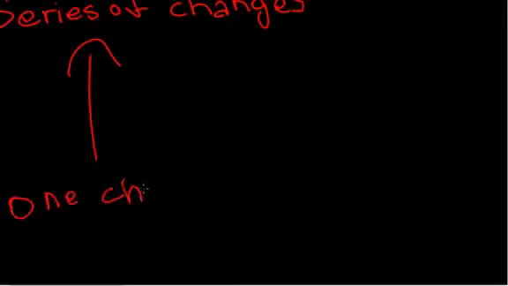So one change in i, in the while loop, will lead to a series of changes in the for loop. So the for loop goes thrice for every one iteration of the while loop. So that's basically it for nested loops.